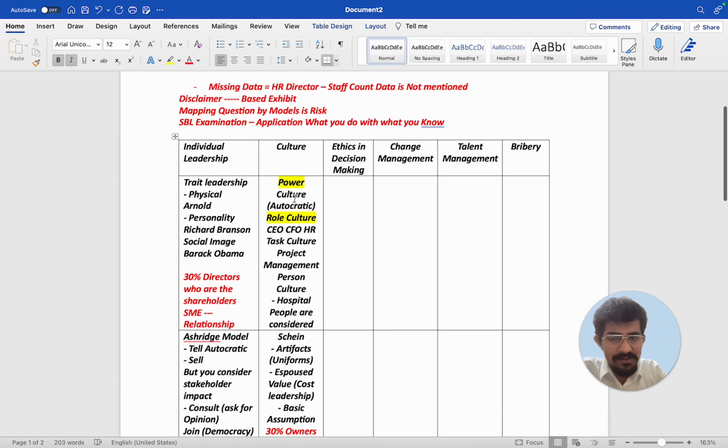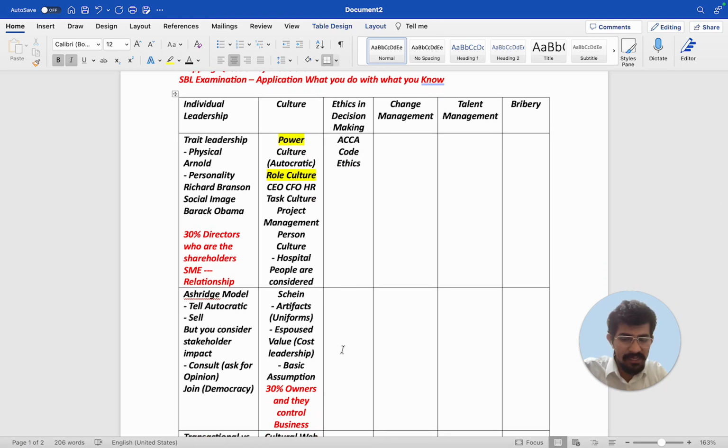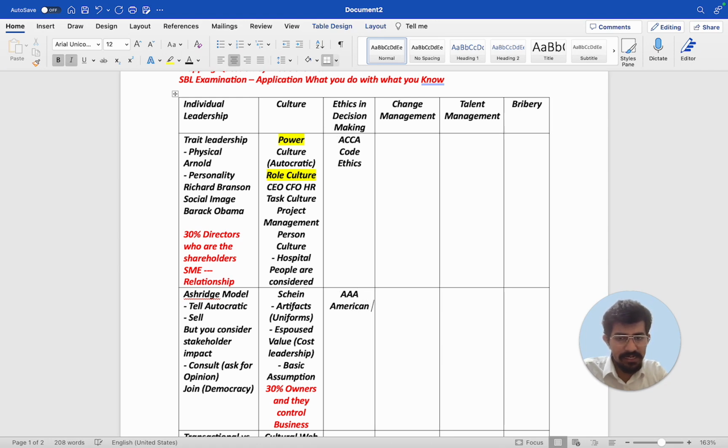Now, the next thing, students, is ethics in decision making. I think everyone will be an expert in the ACCA Code of Ethics. But here, more than the ACCA Code of Ethics, the examiner wants you, again with the technical article, to use the AAA seven questions, if I'm not mistaken. That is the American Accounting Association. It's there in the technical article, students.